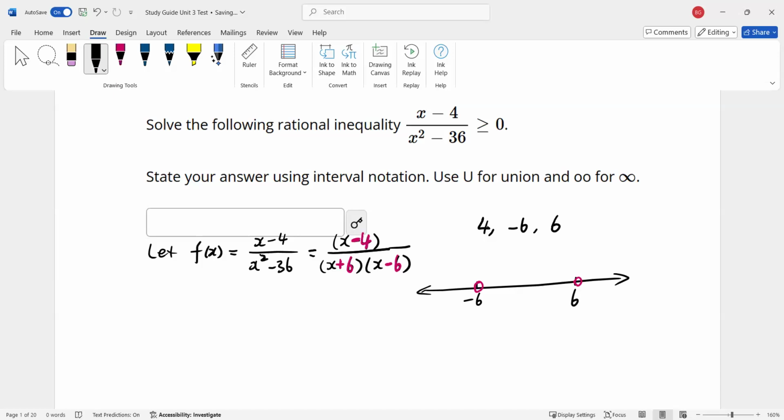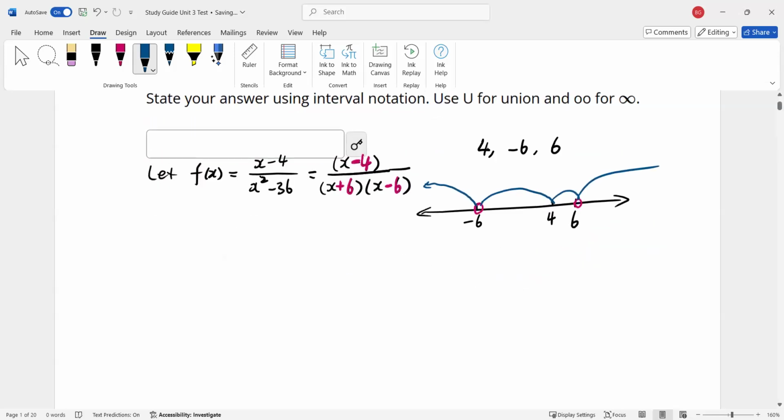Let's say positive 4 is here. Those 3 values divide the domain into 4 intervals: interval 1, 2, 3, and 4. Now we're ready for the chart.